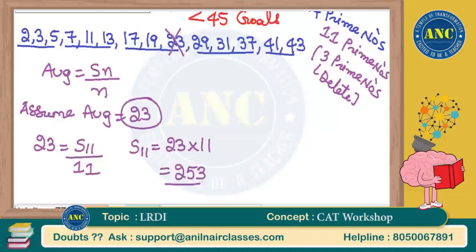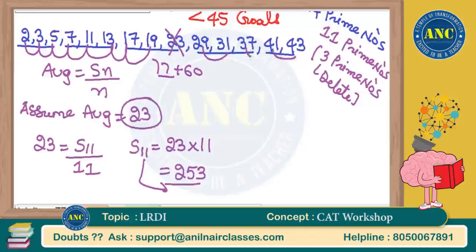Total 11 numbers, sum should be 253. Let me check what is the sum of the 13 numbers. 2 plus 3, 5. 10, 17, 28, 41, 58, 77, till here 77, 29, 31, till here 60.